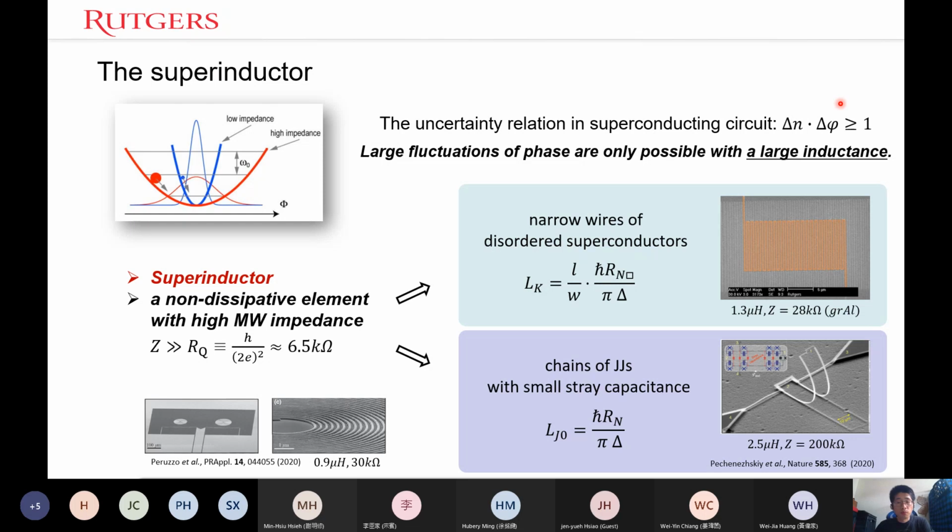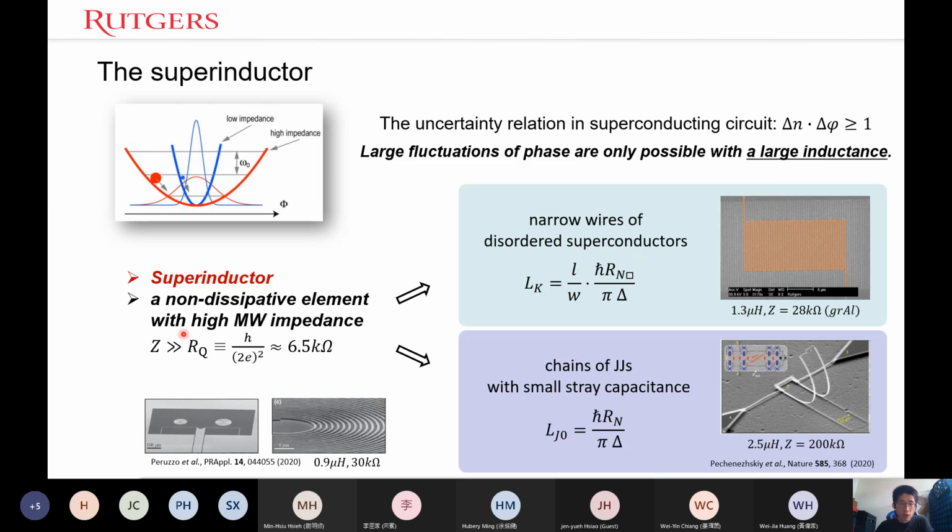And for the bifluxon qubit that we are interested in, large quantum fluctuation in the phase is desired. And this can be realized only if the electromagnetic impedance of the qubit's environment is very large.